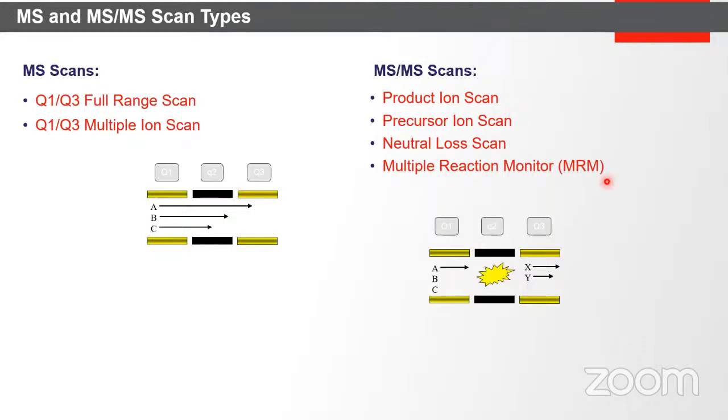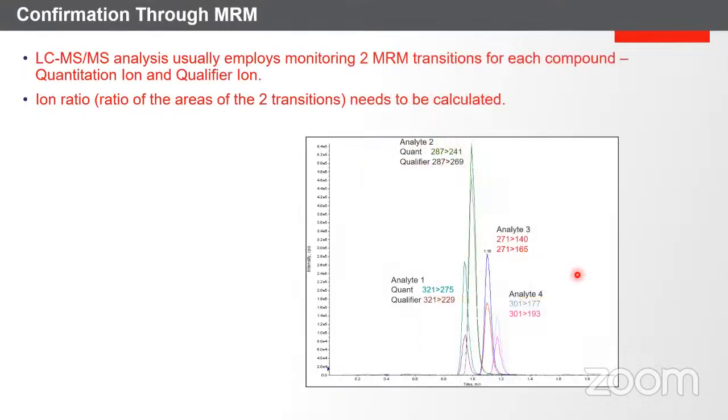So product ion scan means we are talking not about the precursor ion; that ion has been fragmented with the help of the collision cell, and a specific fragment ion is available there. And then we get a particular spectra, and for quantitation specifically, we need two unique transitions for a particular analyte.